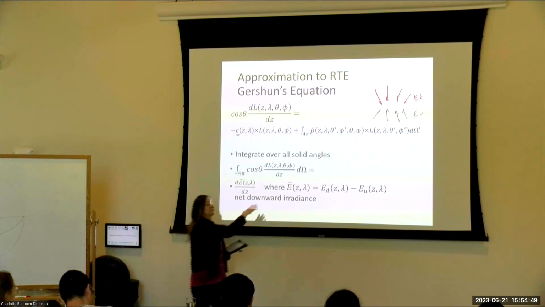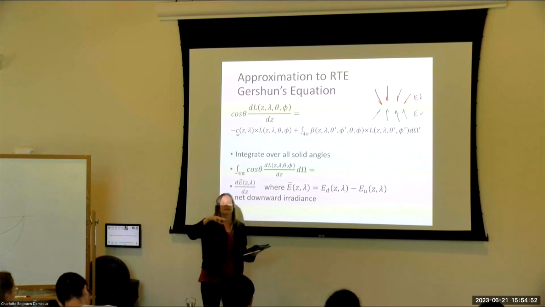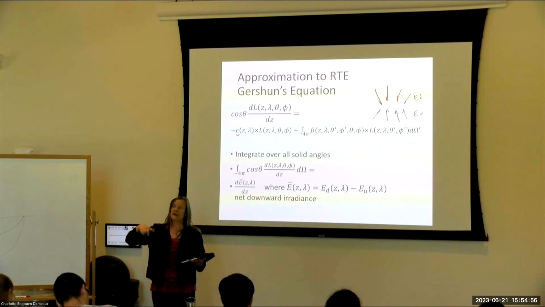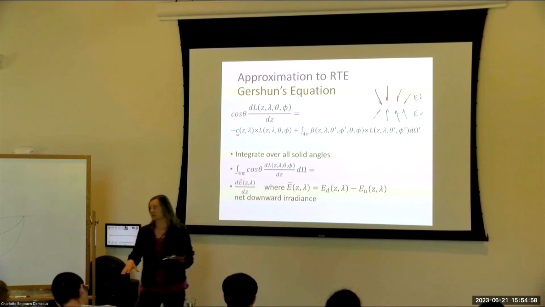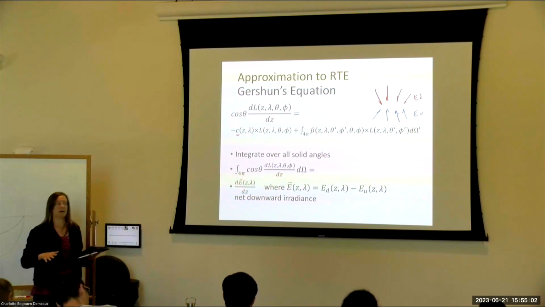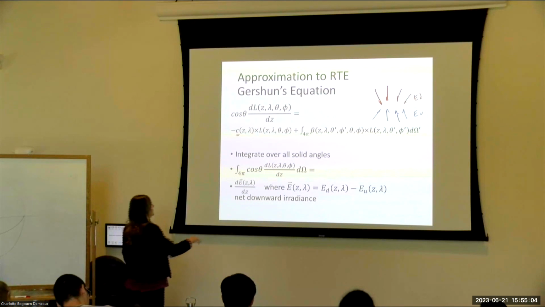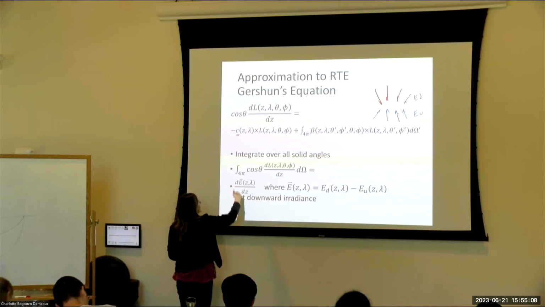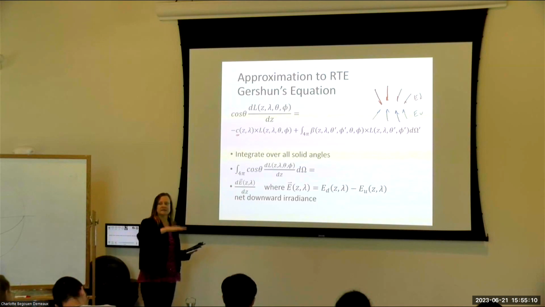And physicists love this because this gives you a sense of how much net energy is making it down into the ocean and not making it back up. That energy can go into heat. So that's a really important term when you're thinking about modeling heat. And so what we're left with when we do this integration is we still have the derivative. We're just looking at the depth gradient of this net irradiance.